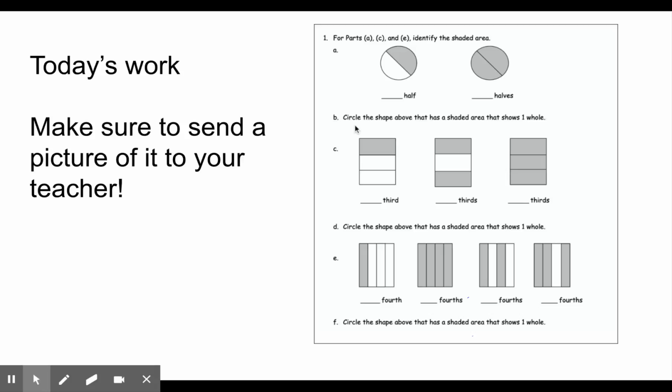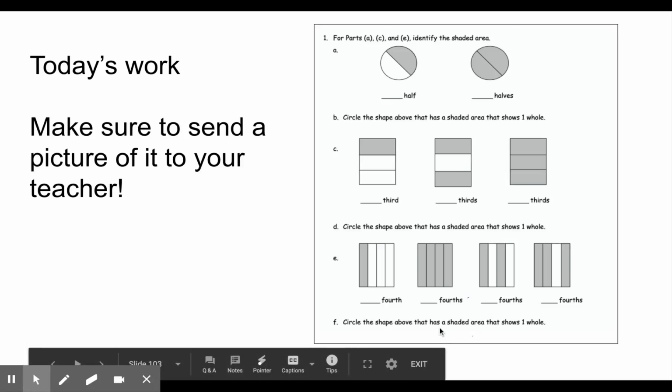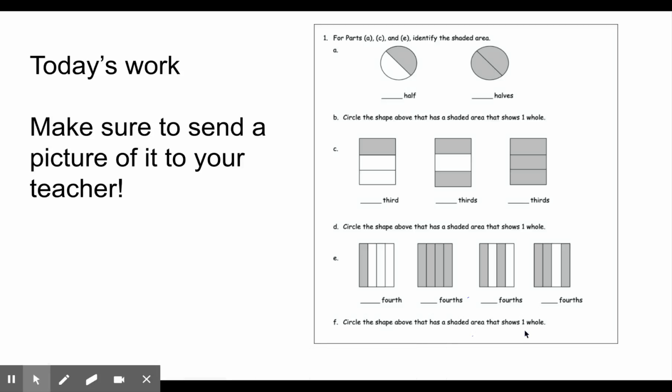It says, circle the shape above that has a shaded area that shows 1 whole. D says, circle the shape above that has a shaded area that shows 1 whole. And F says, circle the shape above that has a shaded area that shows 1 whole. All of this is practicing for those fractions that we've been talking about.